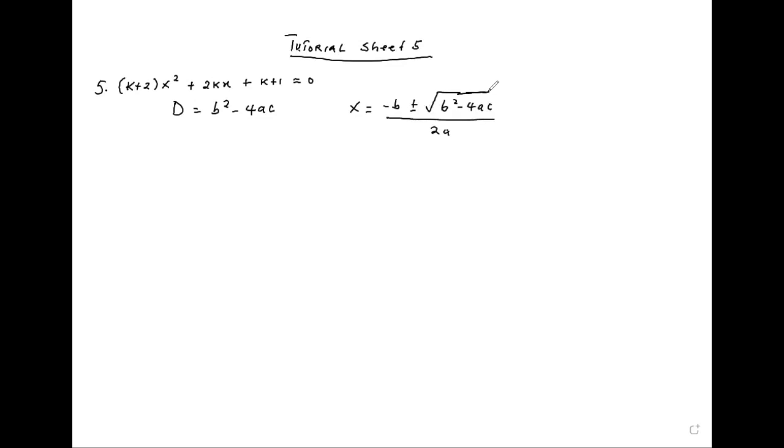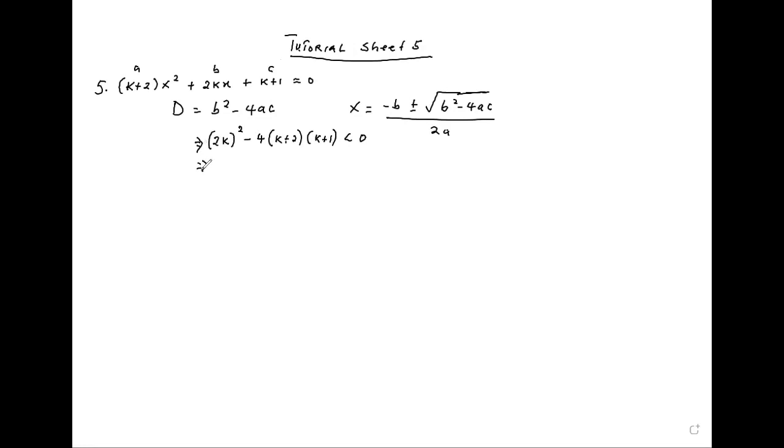So you get your discriminant from here. This is a, this is b, and this is c. So b squared is going to be (2k) squared minus 4 times a, which is k plus 2, times c, which is k plus 1. We want this to be less than 0.